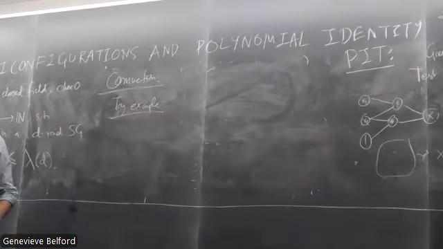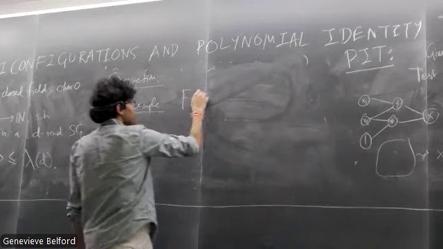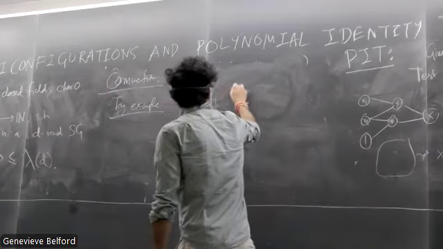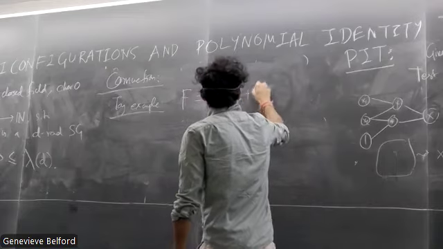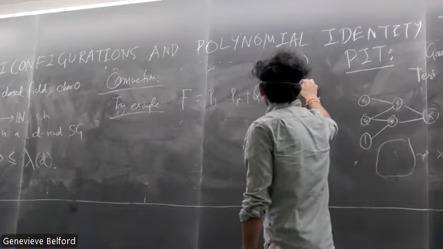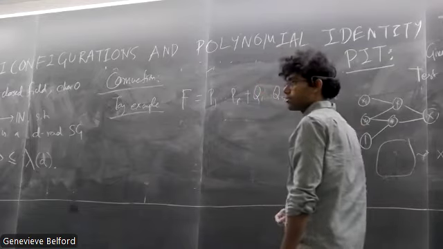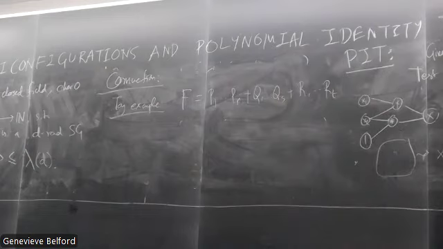Let's say my circuit spits out a polynomial f, which looks like this: p1 through pr, plus q1 through qs, plus r1 through rt. Maybe there was some product, some sums, and it spat out a polynomial like this.